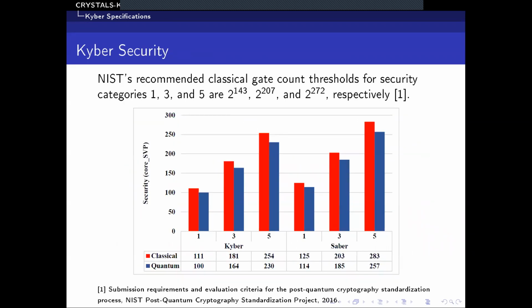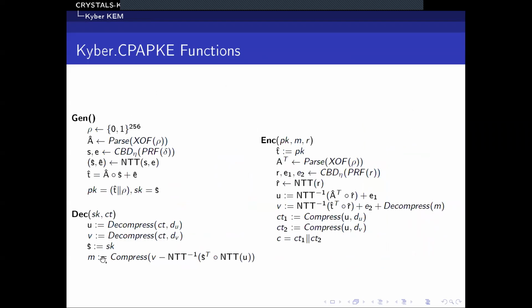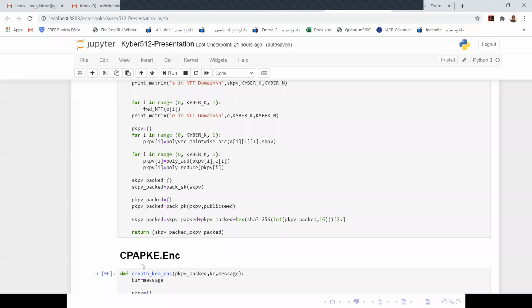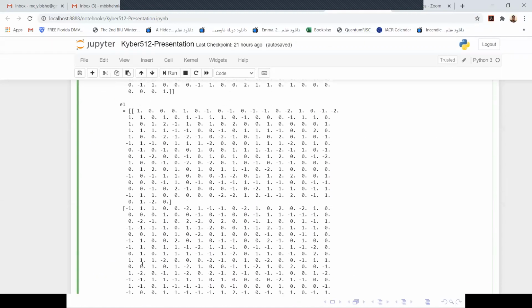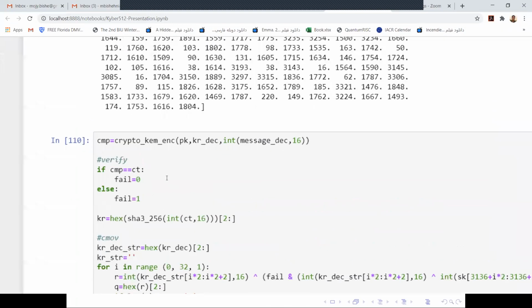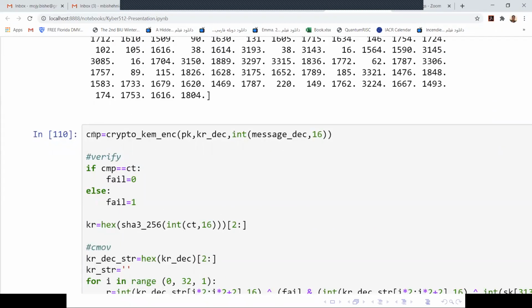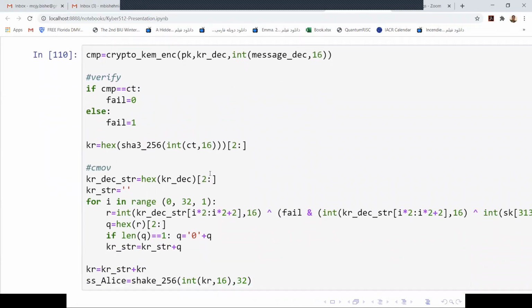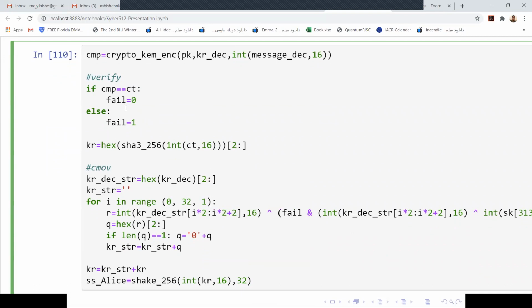I don't focus on this value, but in the decapsulation, when Alice computes the message and a random number of Bob's, she again computes the ciphertext and verifies that the given ciphertext is equal to the actual computed ciphertext or not. If it is equal, she can compute the shared secret key correctly.